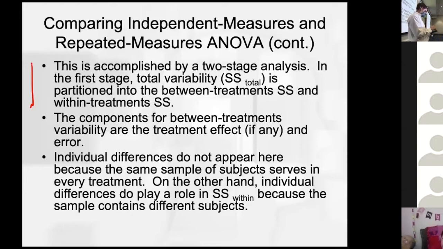So this first step is just what we did last time. So the components for that between treatments variability are the treatment effect, if there is any treatment effect, and error.